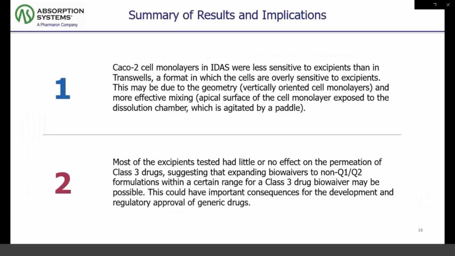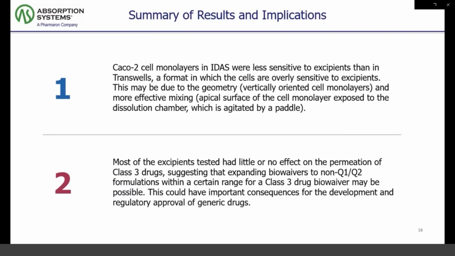So to summarize, first of all, Caco-2 cell monolayers in IDOS were less sensitive to excipients than in transwells, which was one of our hypotheses going into this project. Second, most of the excipients that we tested had little or no effect on the permeation of the class 3 model drugs.